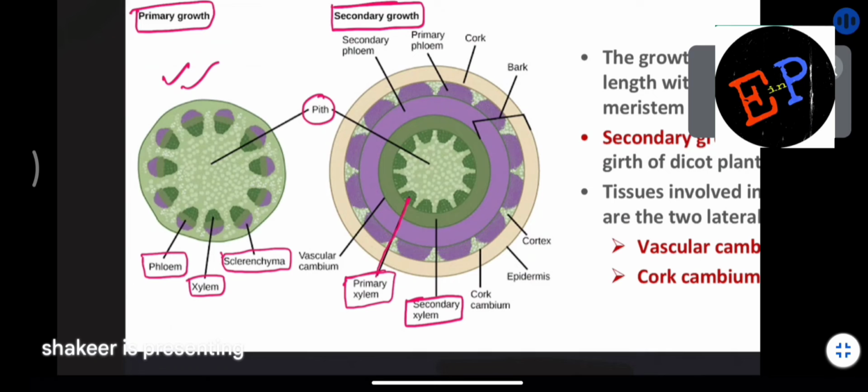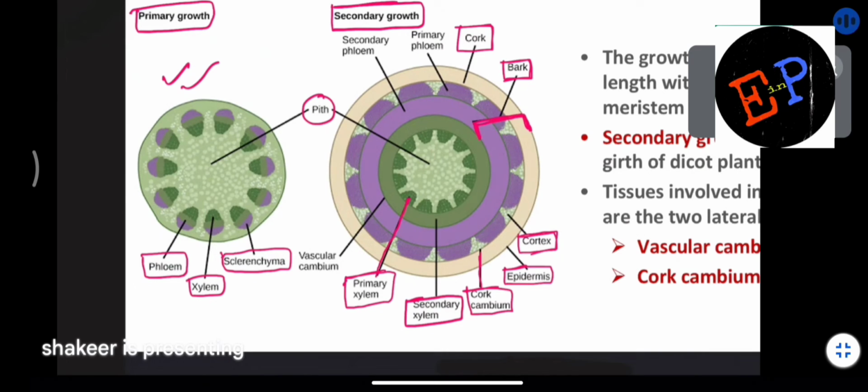Then you will find a layer of cells on the outer side, which is called cork cambium. The outermost structure is called epidermis, and the layer inside the epidermis is called cortex. This total structure growing outside the primary growth you can call the bark. And epidermis is covered by cork. అర్థమవుతుంది కదా? What are the structures present in the bark?